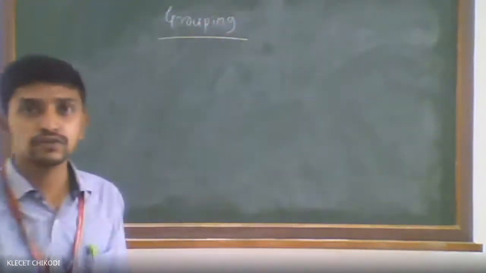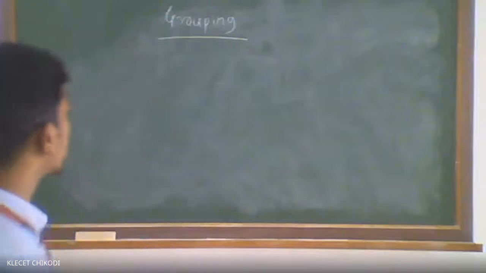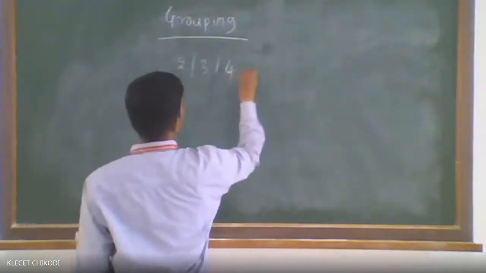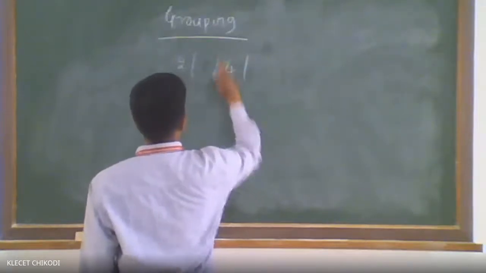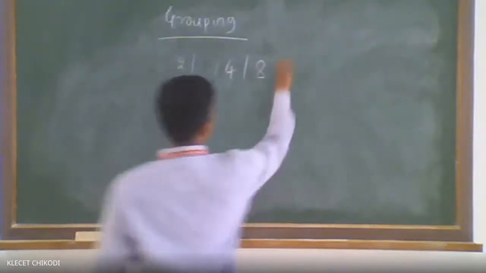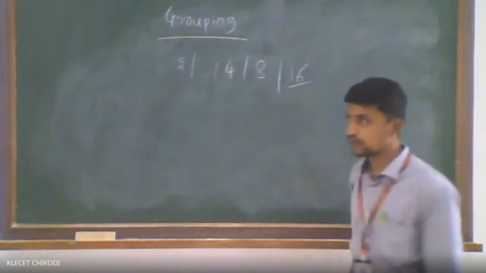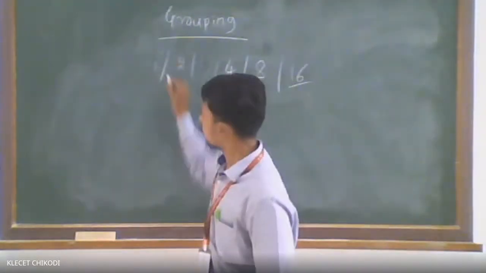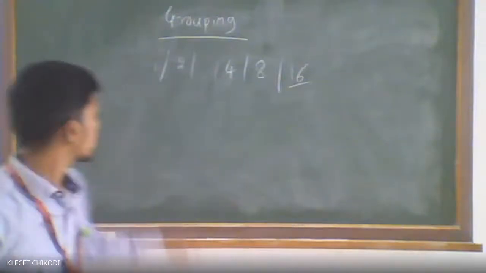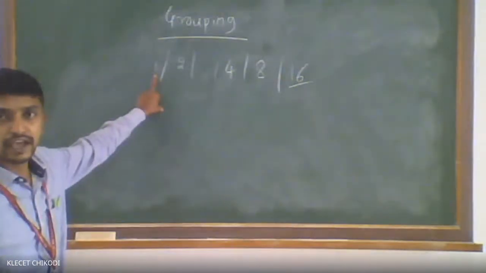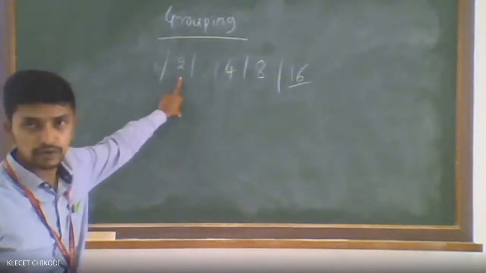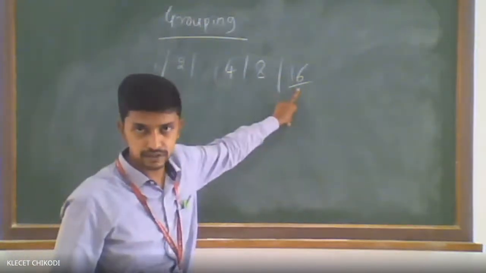We can make a group of 2, 4, 8, and in case of a 4-variable K-map, a maximum of 16. And if a cell is not pairing with anybody, then we can take it as an isolation also. So we can make a group of 1, 2, 4, 8, and 16.